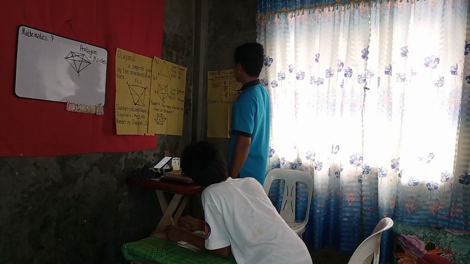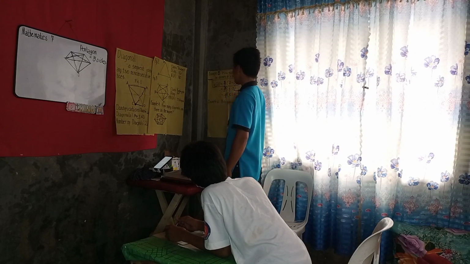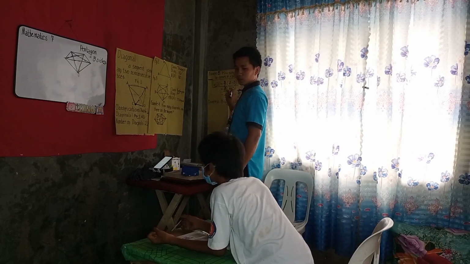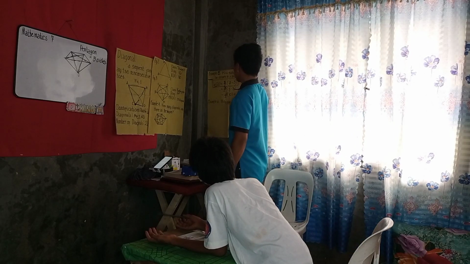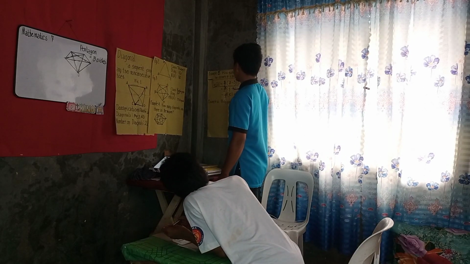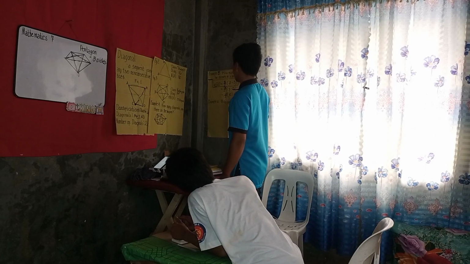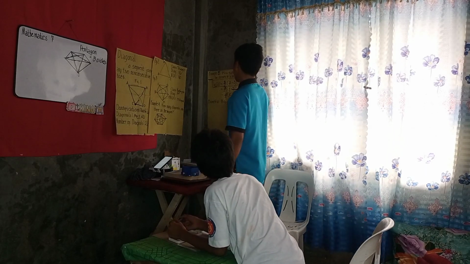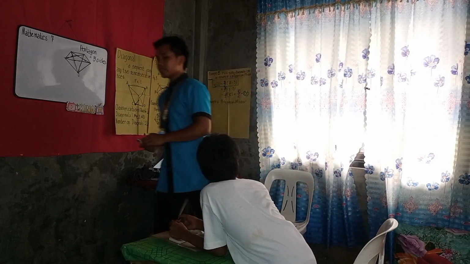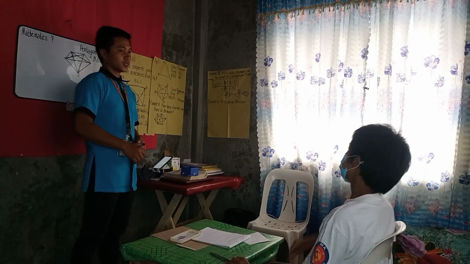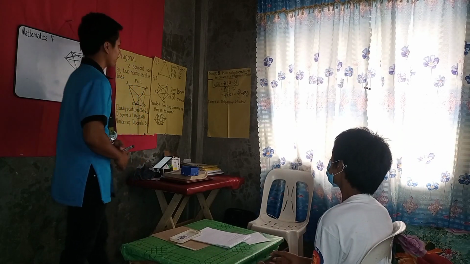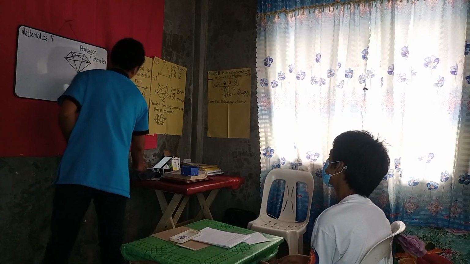So, 130 divided by 2 is equal to 65. Meaning to say, there are 65 diagonals in a polygon of 13 sides. Did you get it? So, pwede ko na bang burahin to?